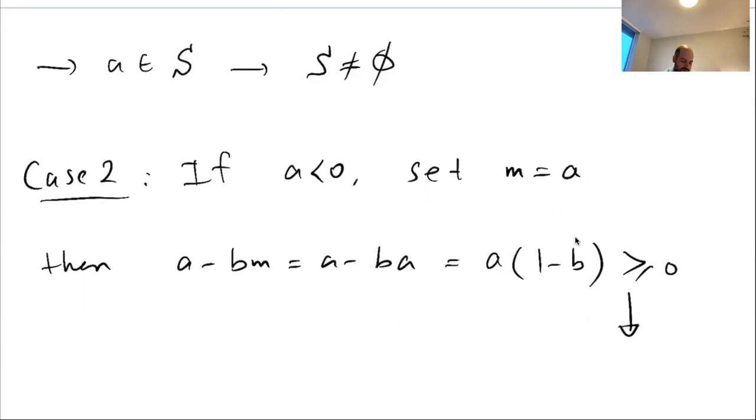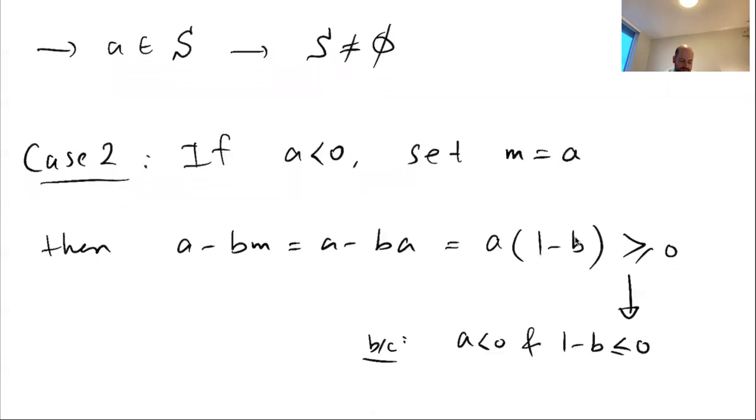Why is a times 1 minus b bigger than or equal to 0? What do I know about a? I know that a is negative. And what about 1 minus b? 1 minus b is also going to be less than or equal to 0.